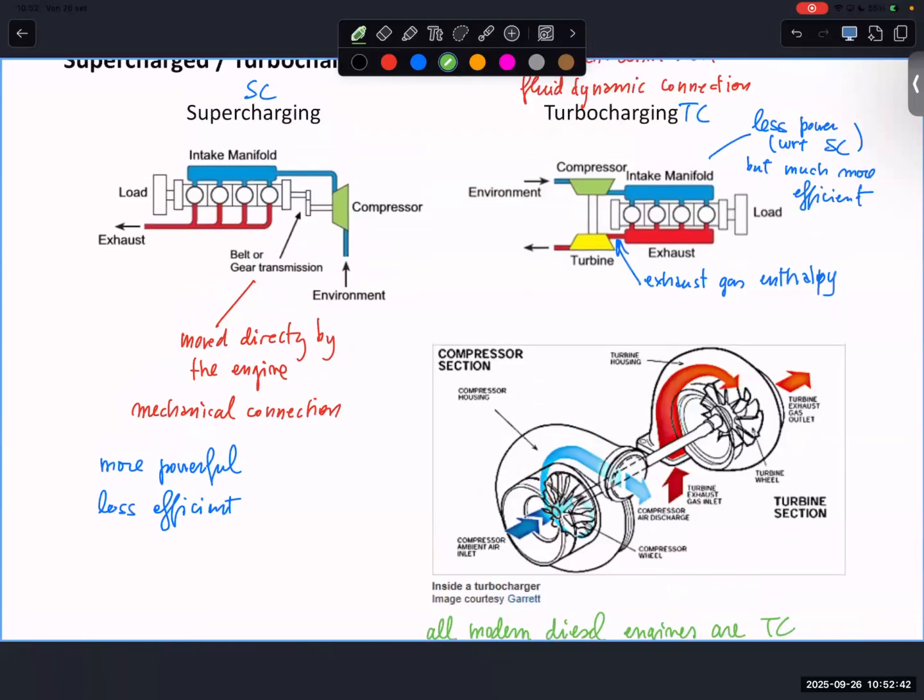Application of supercharging. American vehicles, for some applications, so you can say it depends on the market, but it's really a small percentage. So for sure lower than 5%, maybe lower than 1%.